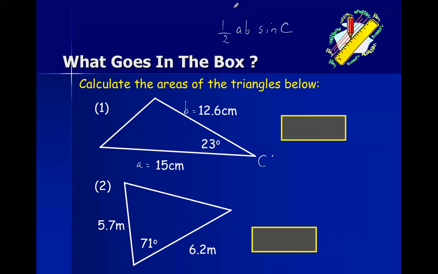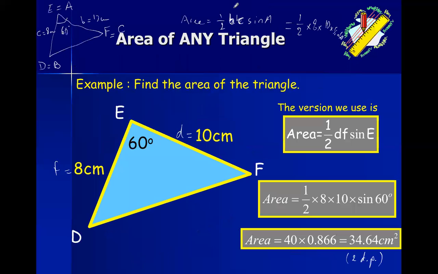And if you change from scientific to decimal, you'll get 0.866 with 3 decimal places, right? So half of 8 is 4. 4 times 10 is 40. That's the 40 there.